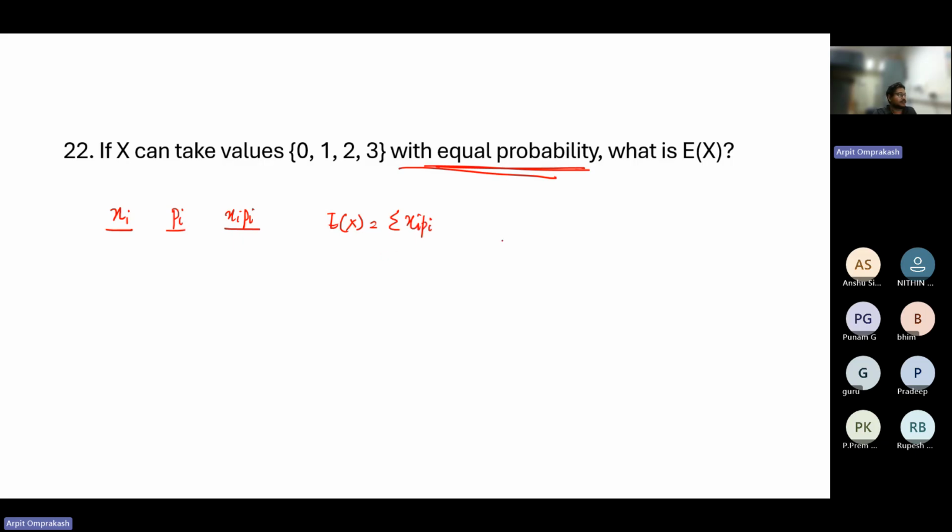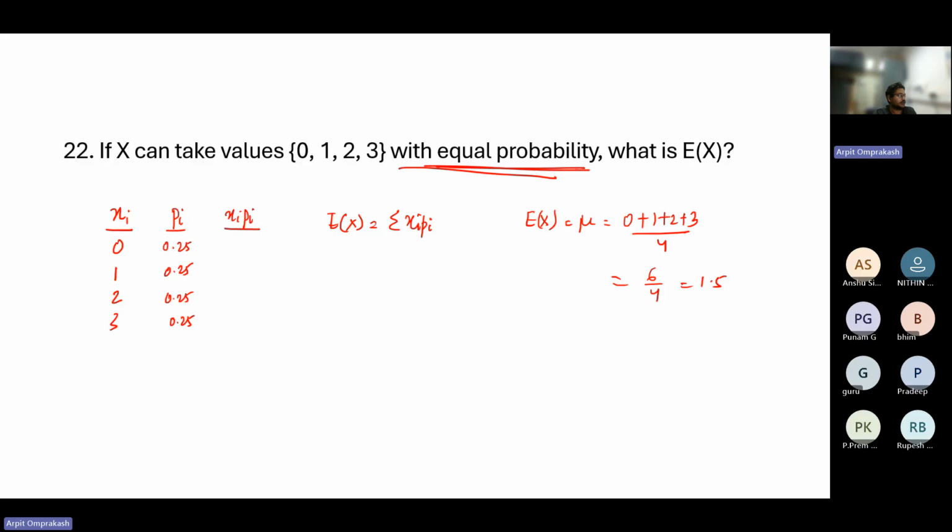The other thing is when you have equal probability, you can write E of x as nothing but mu, or the mean of x, which is 0 plus 1 plus 2 plus 3 divided by 4, which will be 6 by 4, or 1.5.